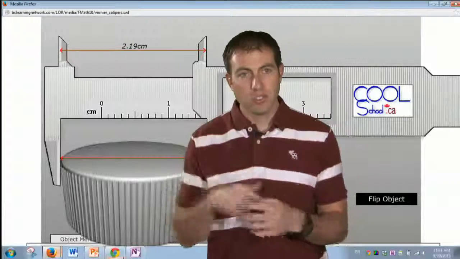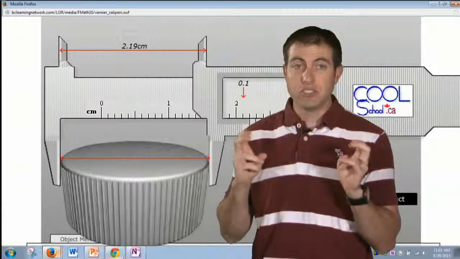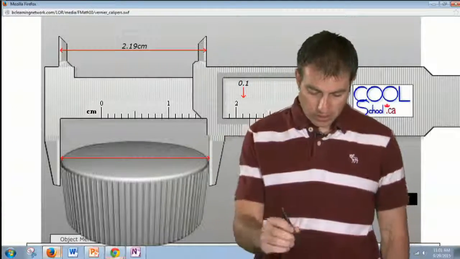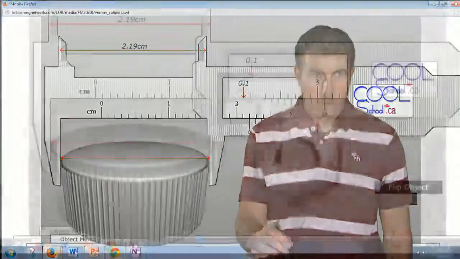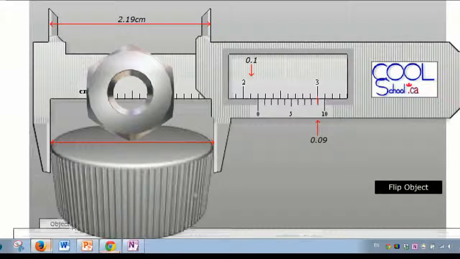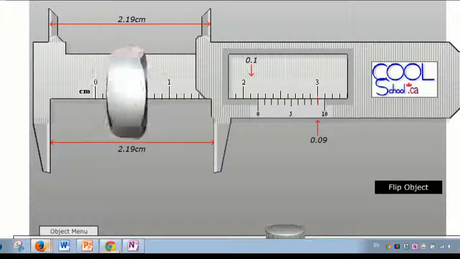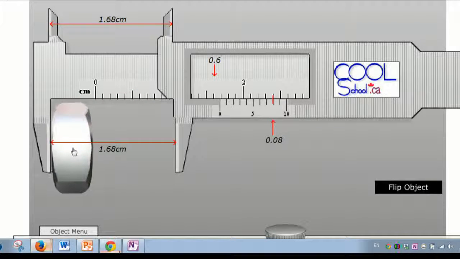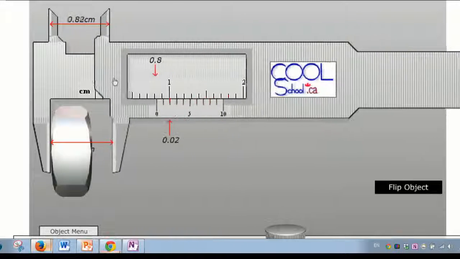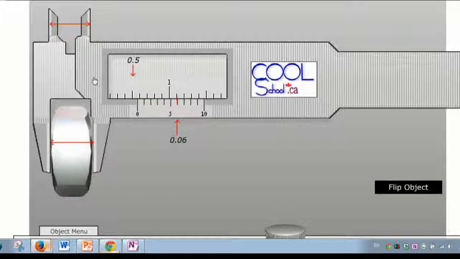So what we've included in the class here behind me is this digital one. There's two things you can play with here. There's a hex nut, and you have this bottle lid, and you can flip it to measure the width of it. You can slide it in here. The one thing about this simulation is it tells you exactly how wide the object is, and you don't really have to read anything.